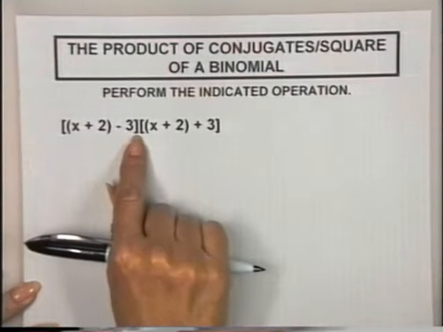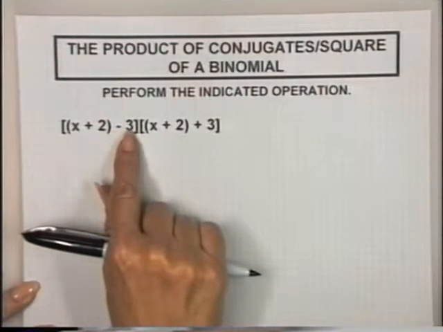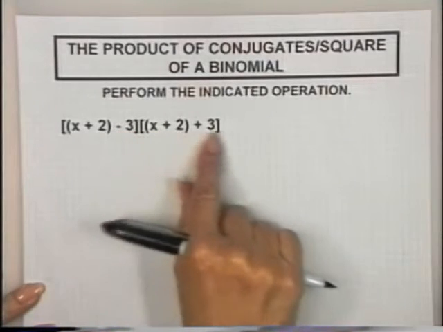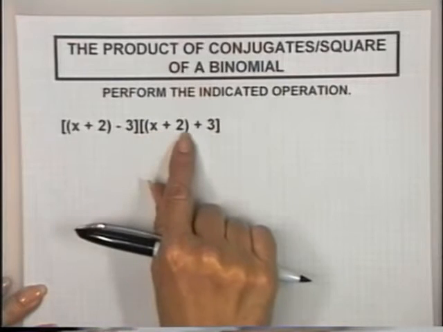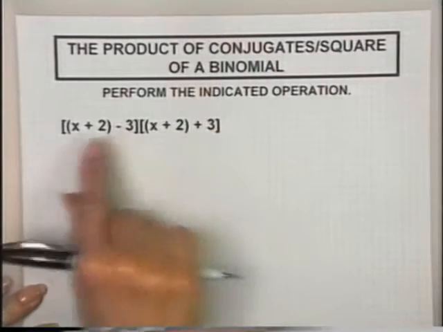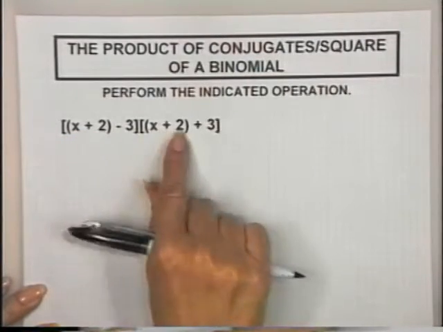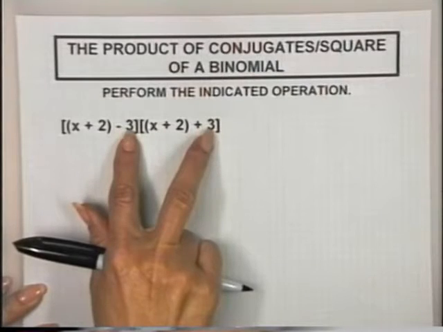I have brackets. Inside these brackets, I have x plus 2 subtract 3. I have another pair of brackets, and inside the second pair of brackets, I have x plus 2 plus 3. Notice x plus 2, the same thing. Minus 3 plus 3, opposites.